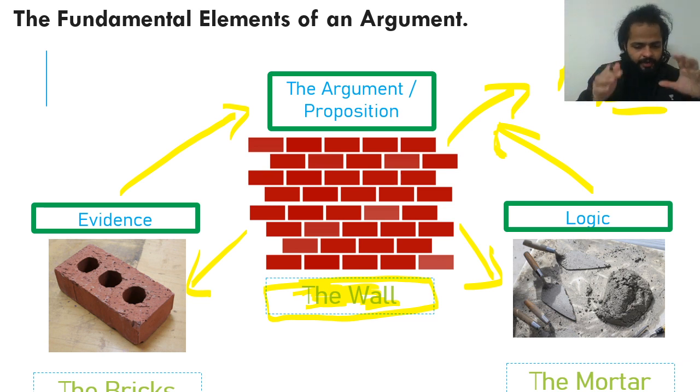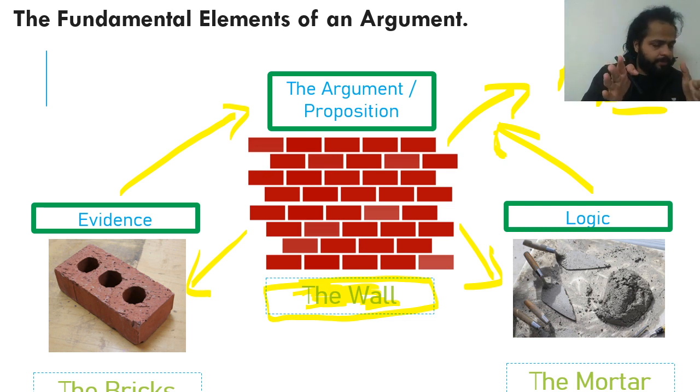Similarly, your evidence are items that you cannot change. They're just there. You cannot really do much about the evidence. The facts always remain as they are. They do not change. And your logic basically stitches your facts together to make up an argument.